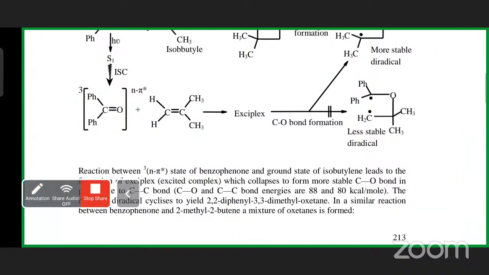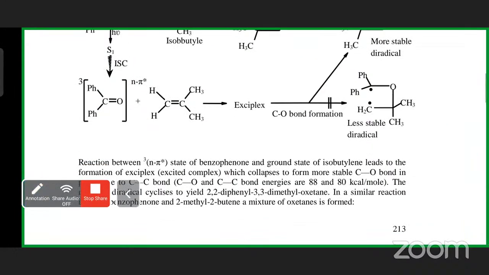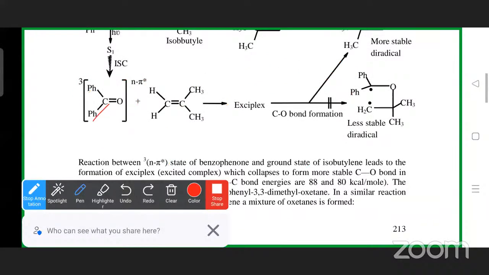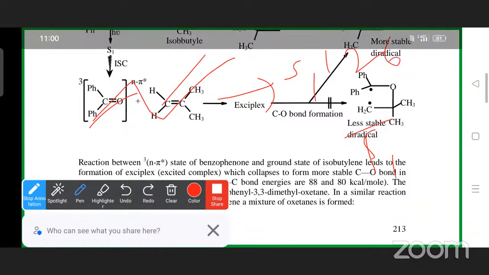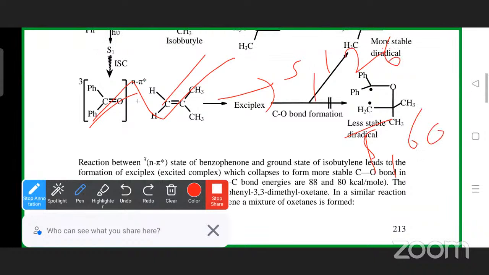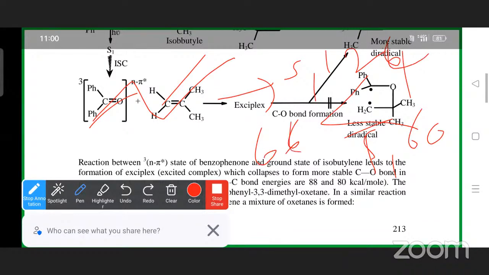If you take butadiene, how much is the gap between singlet and triplet? Here it is 124 kilocalories, here 60 kilocalories, so the difference is 64.